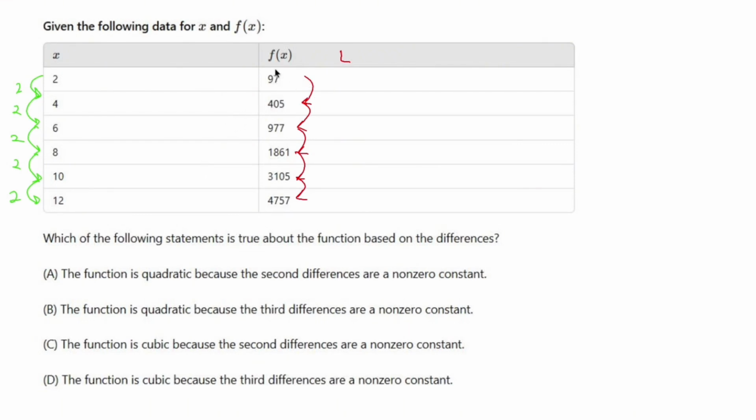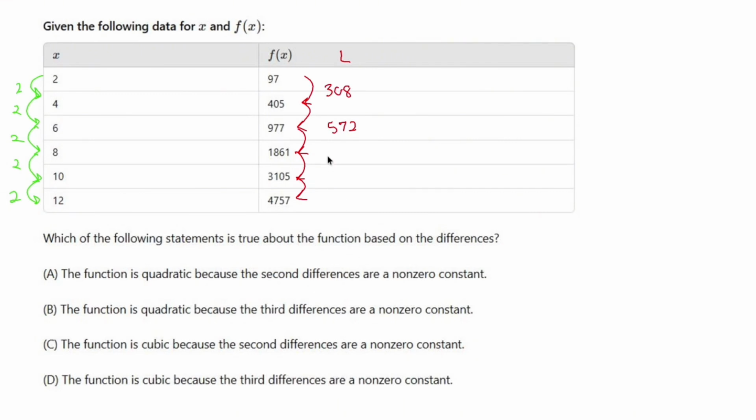So to get from 97 to 405, you are looking at a change of 308. 977 is going to be 275, so I can handle that. 1861 minus 977.